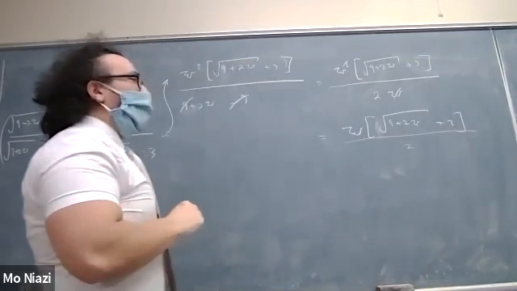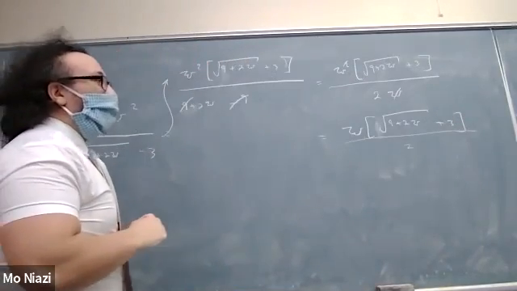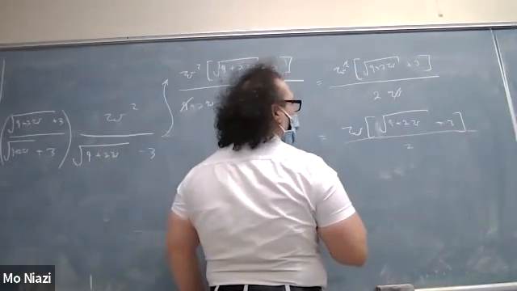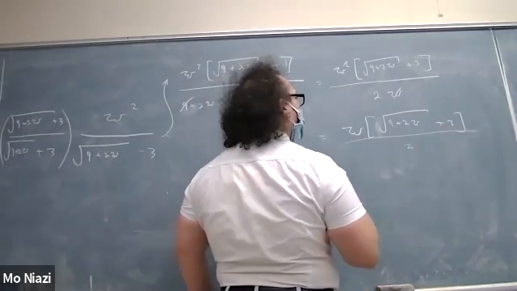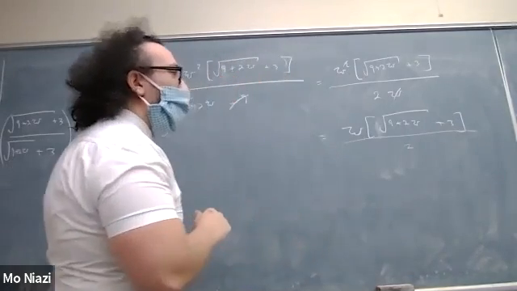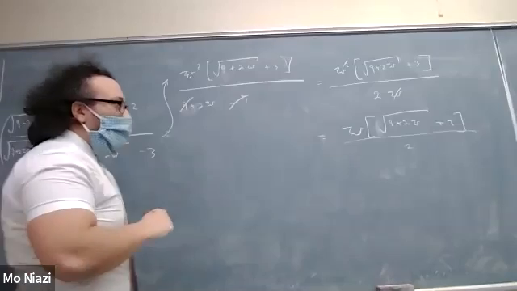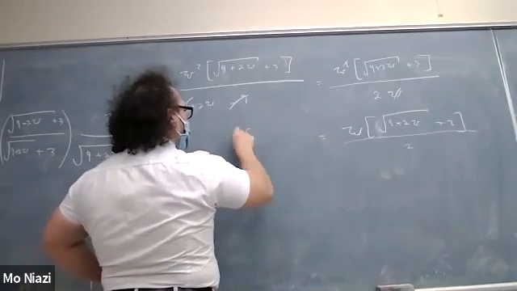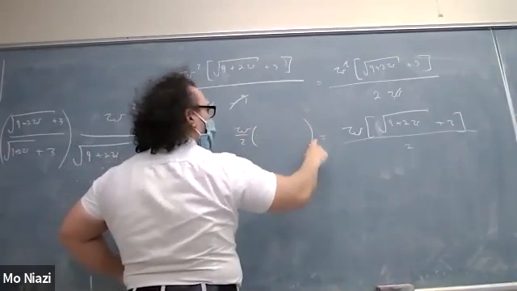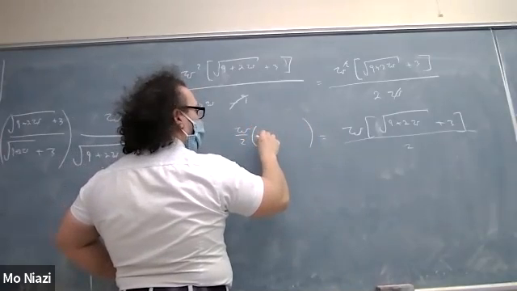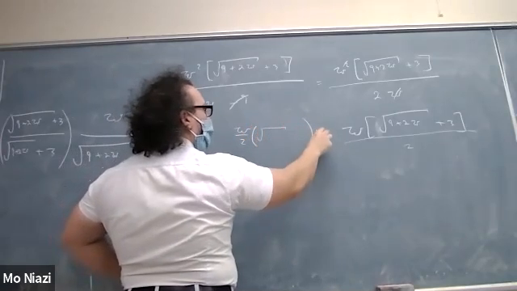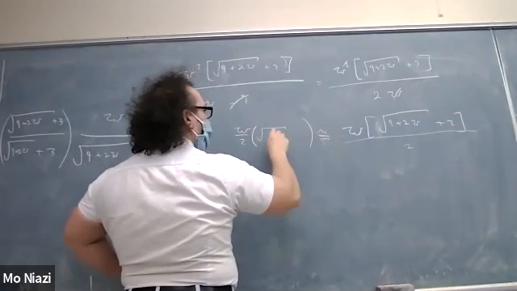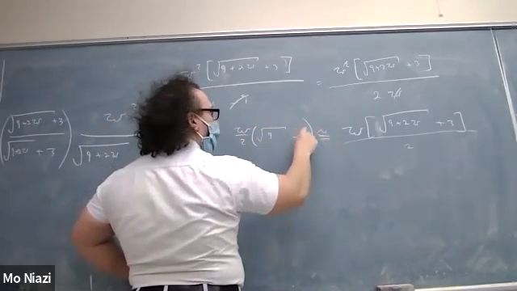So what do we get here? We can approximate, or we can send the omega through. There's many ways of doing this. This is the same thing as omega over 2 multiplied times what's in there. And there we can actually approximate that to the square root of 9 plus a 3.